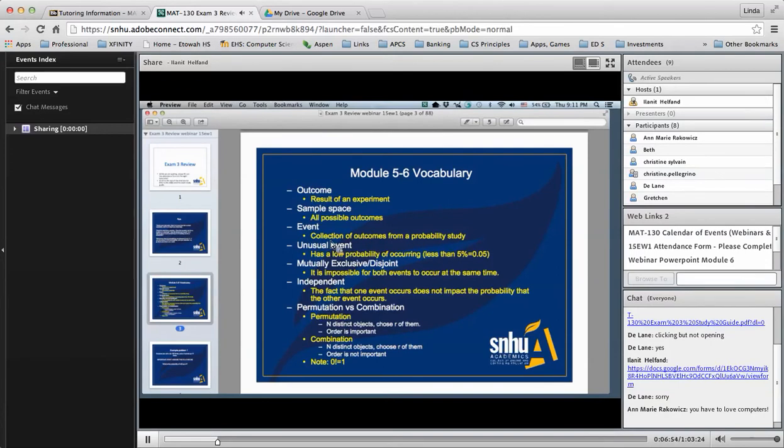So for example, if I pick a day on the calendar at random, right? I'm moving my finger around and I randomly stick my finger on the calendar, and I look at what day of the week it is. So my sample space is Sunday through Saturday, and one possible event is that it's Tuesday.